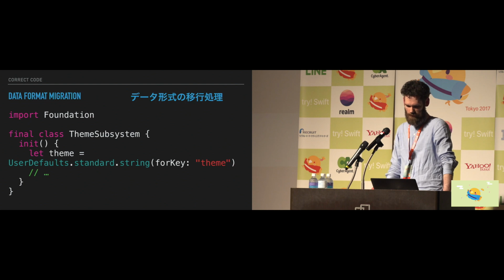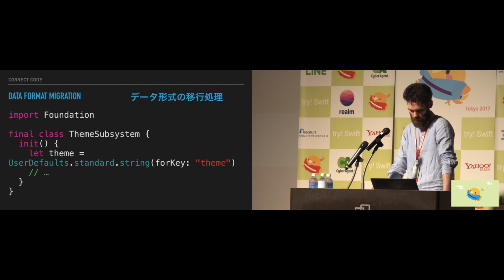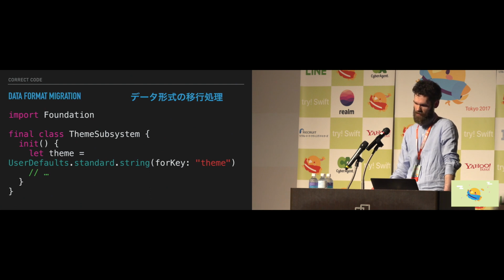In the app Line, there's a feature called theme. It lets the user change the look of the app. My task was to migrate the string format of the setting that holds which theme is currently in use by the user.